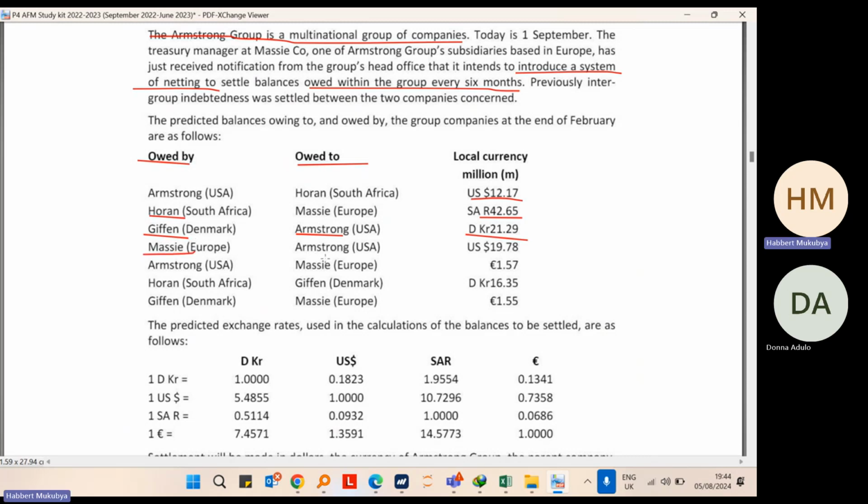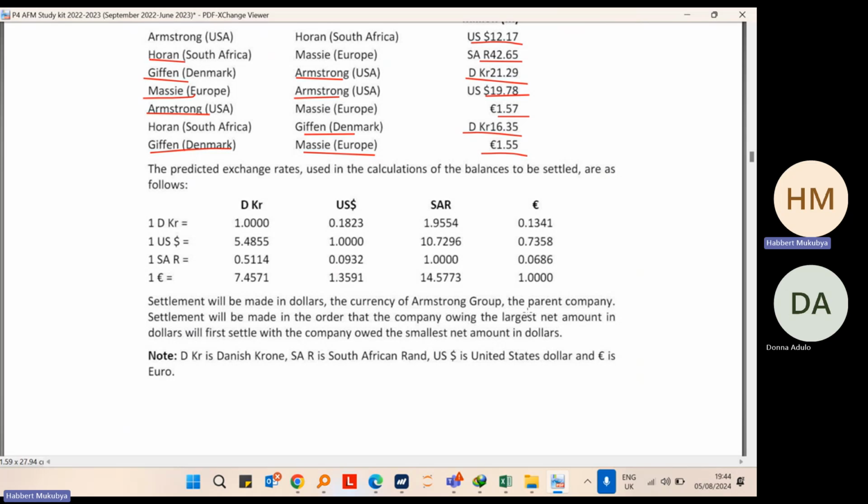Then Massey owes Armstrong 19.78 million dollars. Then Armstrong owes Massey 1.57 million euros. Holland owes Giffen 16.35 million. Then Giffen owes Massey 1.55 million euros. Now, the rates are here.